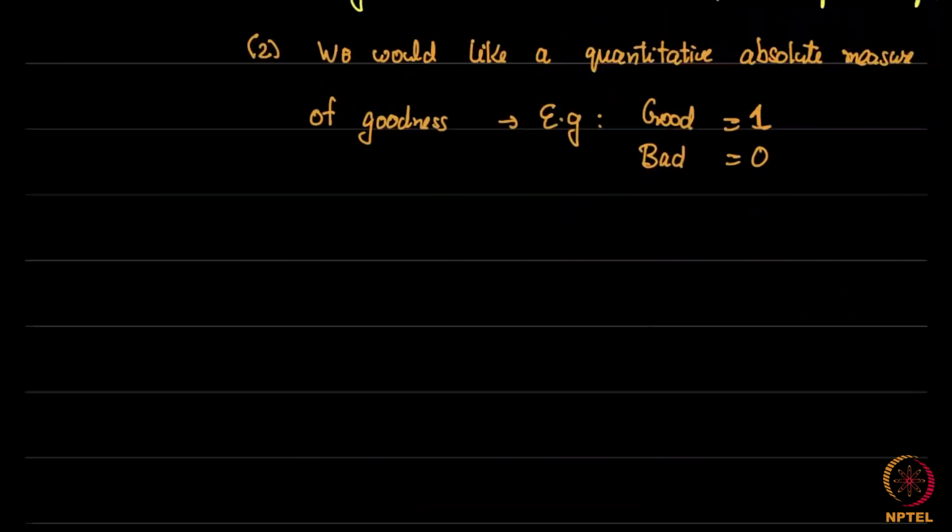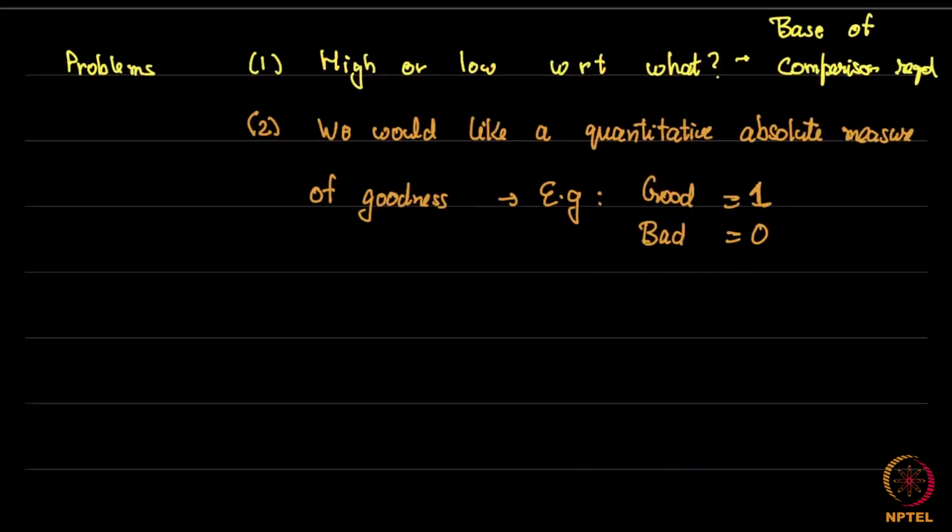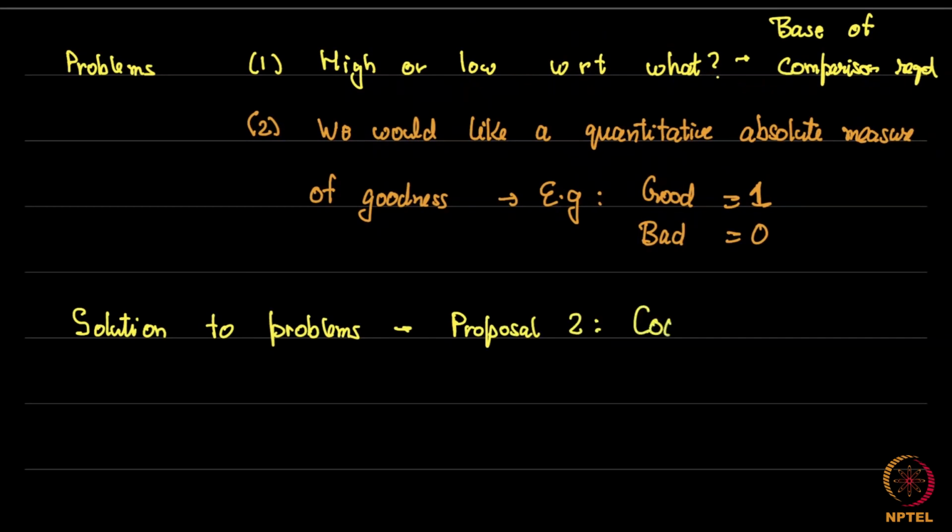As it turns out, both these problems can be addressed by what is known as the coefficient of determination. So the solution to these problems is our proposal 2, which is called the coefficient of determination.